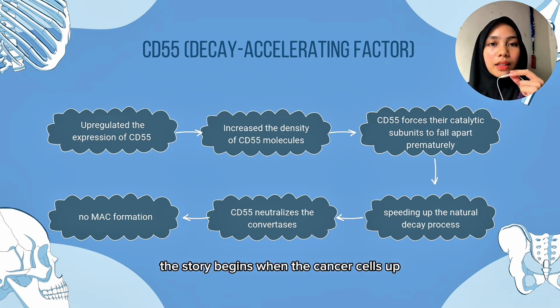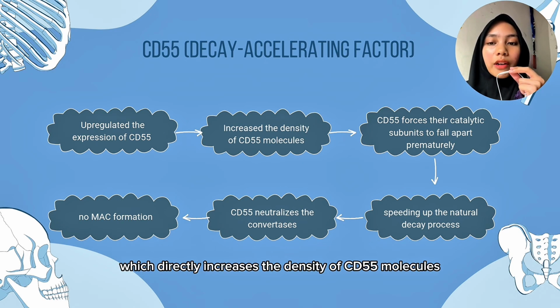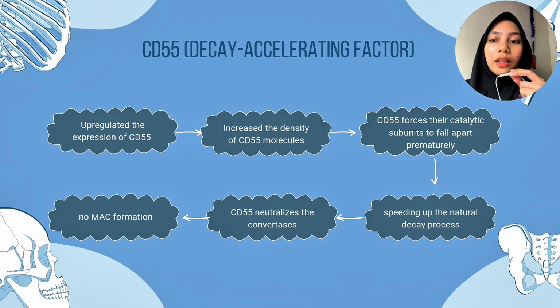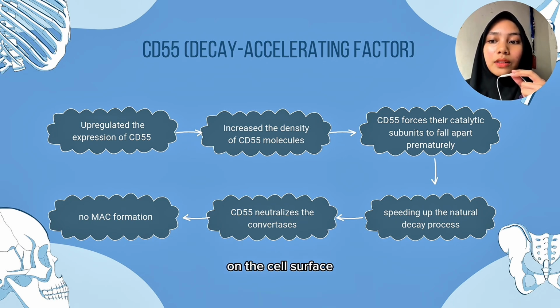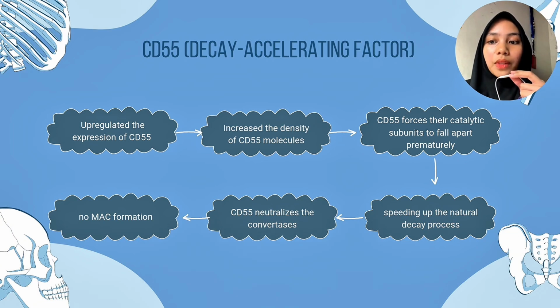The story begins when the cancer cells upregulate the expression of CD55, which directly increases the density of CD55 molecules coating the cancer cell surface. Now, when the complement system tries to activate on the cell surface, it relies on one enzyme called convertase.